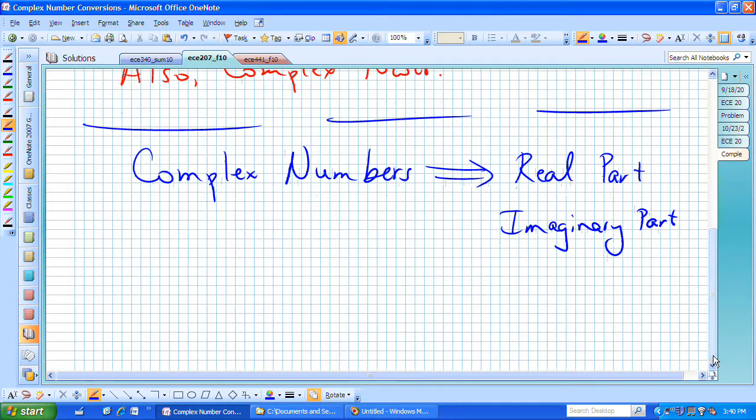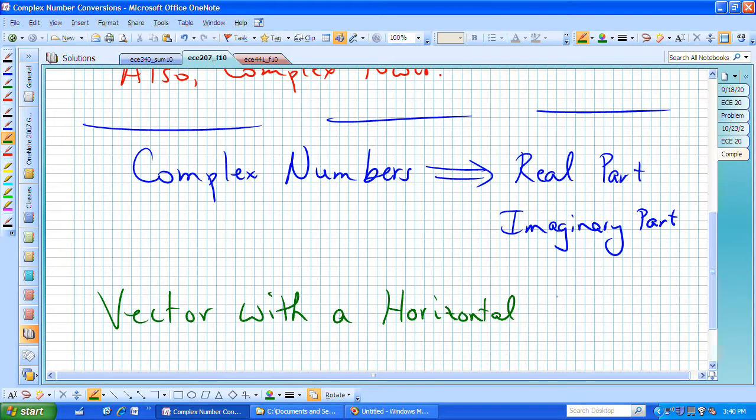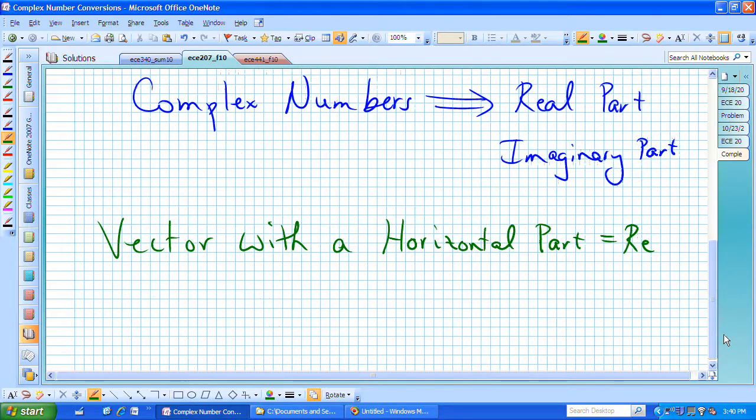If you think of that as a vector, then the real part, by convention, is the horizontal part of our vector, and we might just call that the real part.